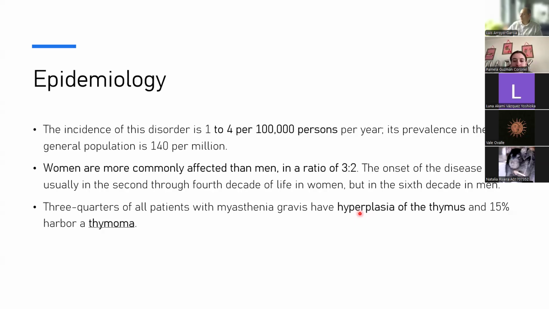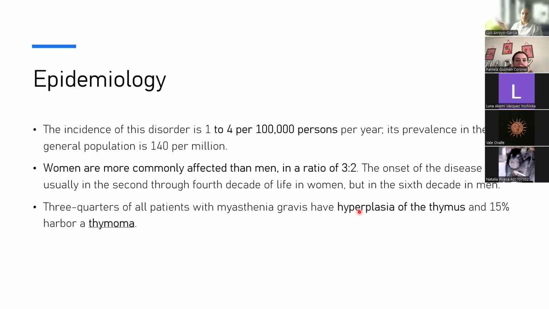Okay. So why do you think that these patients have thymoma, cancer? Maybe because of the overactivation of the immune system. Perfect. That is logical, right? For some reason you start attacking with your own antibodies.